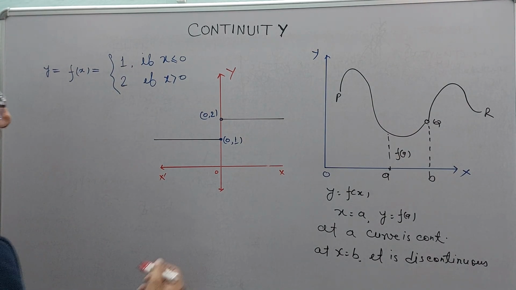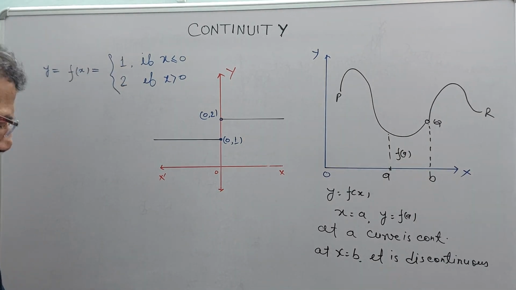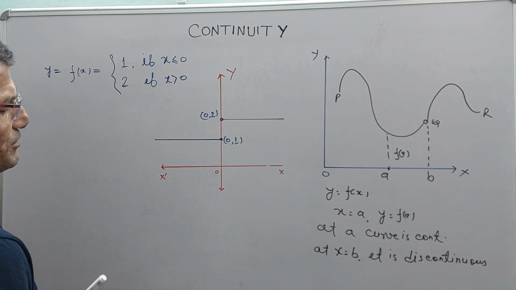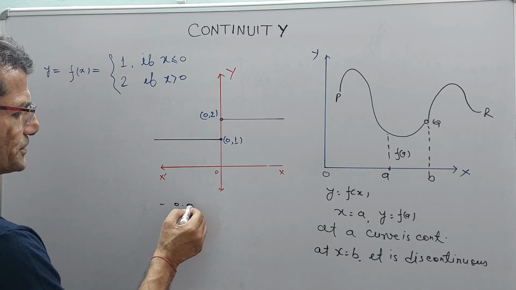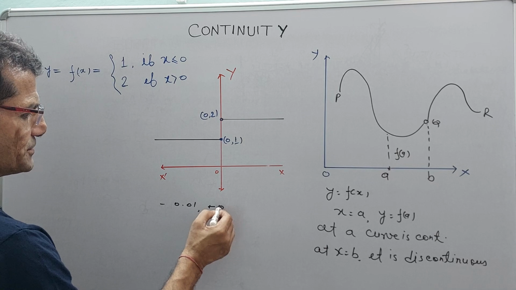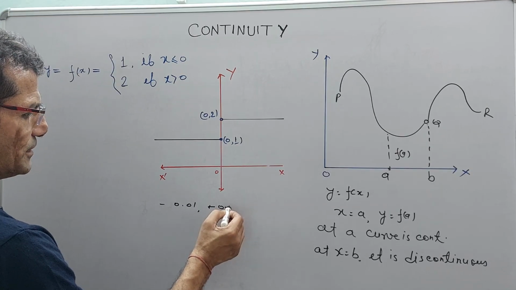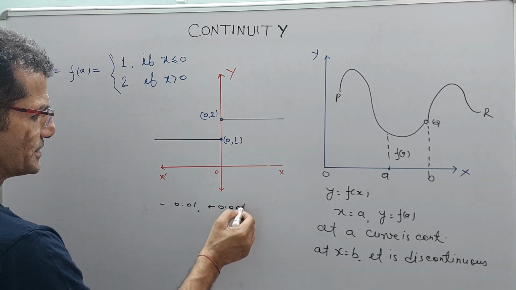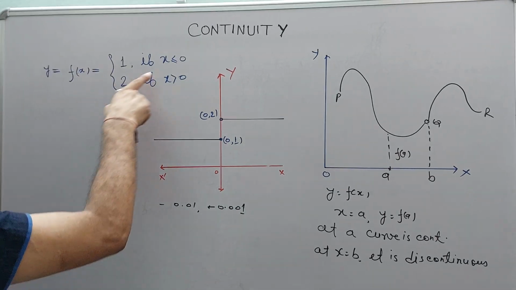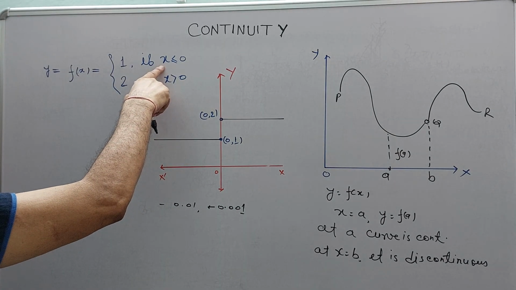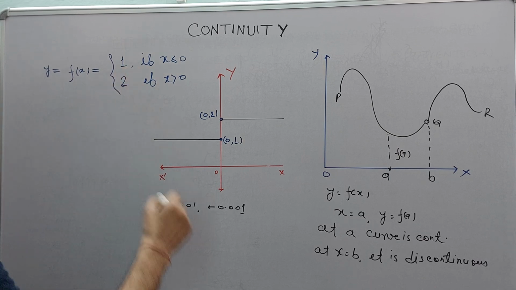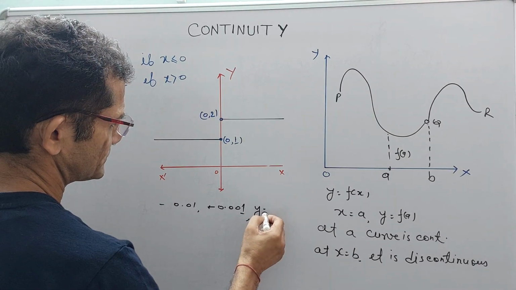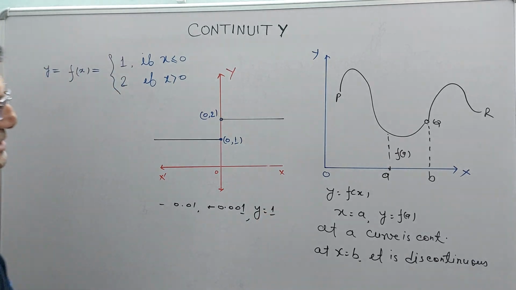If I take a nearby point of 0 from the left hand side, like minus 0.01, minus 0.001, the corresponding value when x is less than or equal to 0 will be approximately y equal to 1.